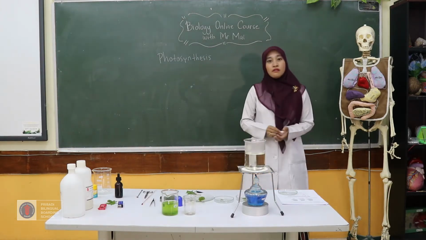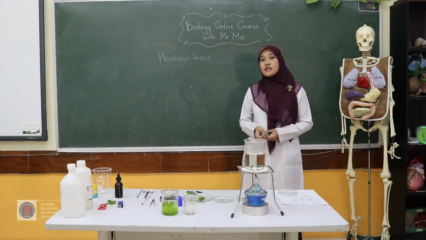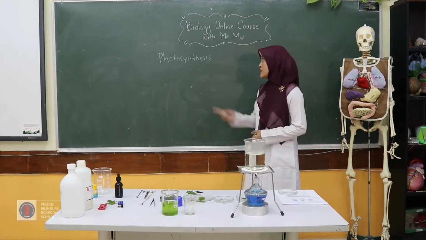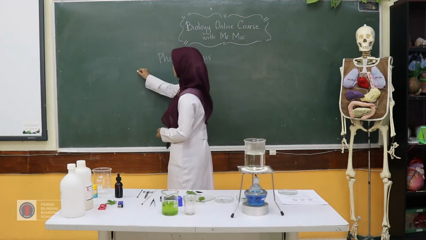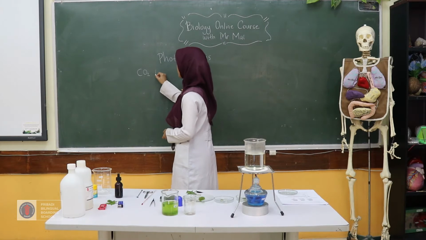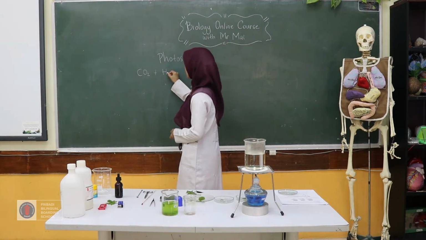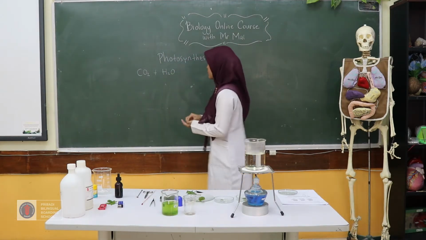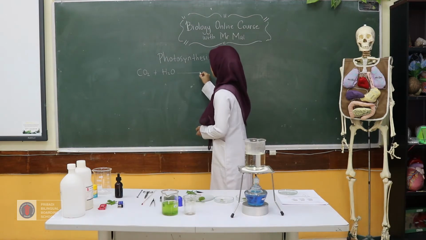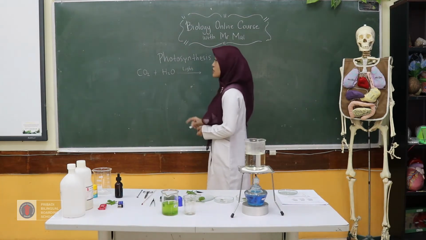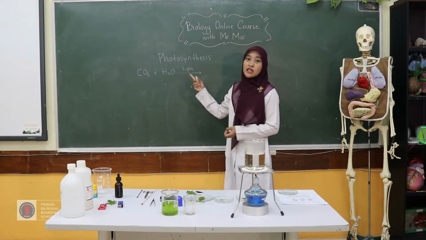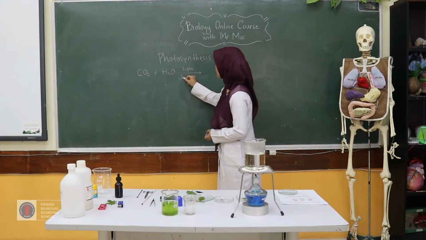Okay, we already learned that photosynthesis needs the source of photosynthesis. The source of photosynthesis is carbon dioxide with water, and it is also helped by light and by the pigment in the plant called chlorophyll.